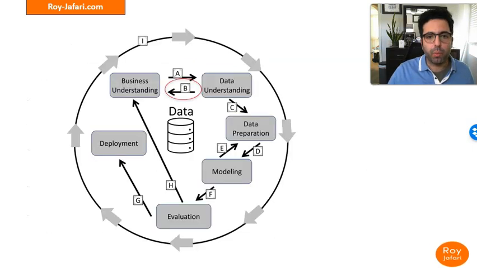And after that, we will talk about how data understanding is going to loop back to help business understanding, right? Once you understand the data that comes from a business, you're going to understand the business better. So that's true generally.